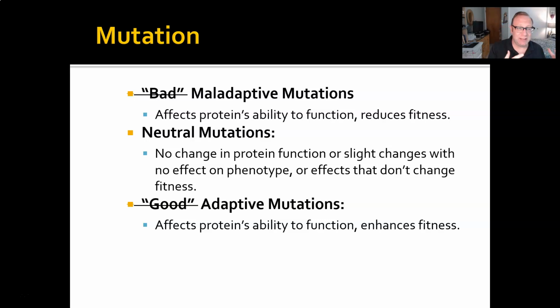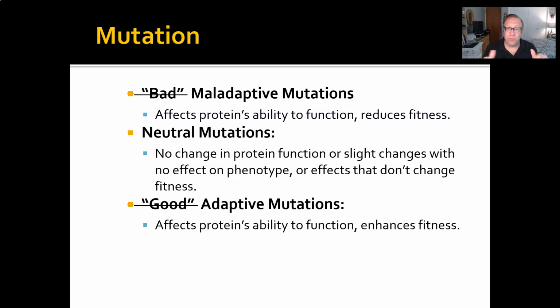Okay, if it's maladaptive, it affects the ability of the protein to function in such a way that fitness, that is, one's ability to pass on their genes to their grandchildren, that is more than one generation, is reduced. So reduction in fitness can occur from maladaptive genes.